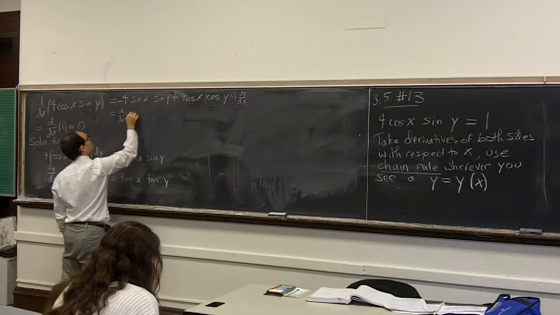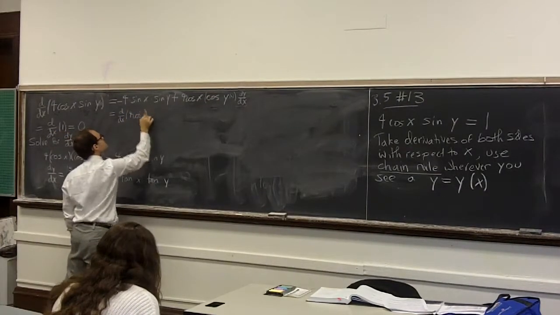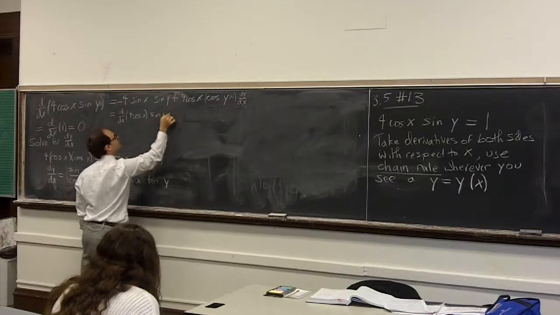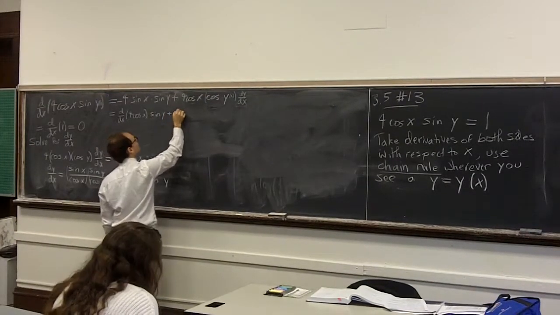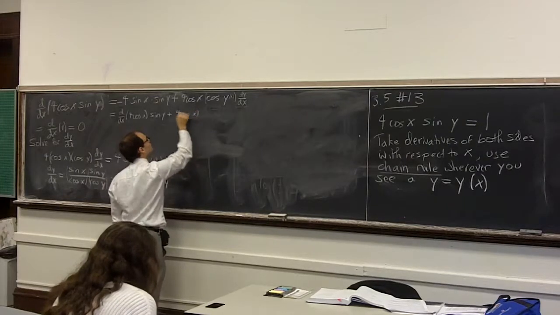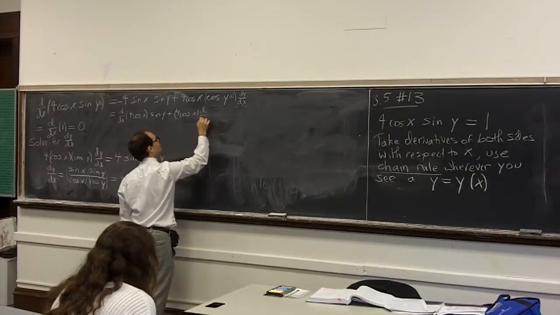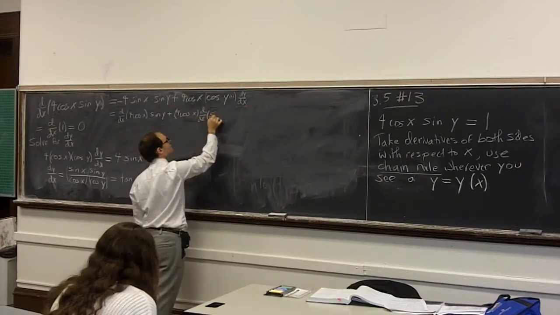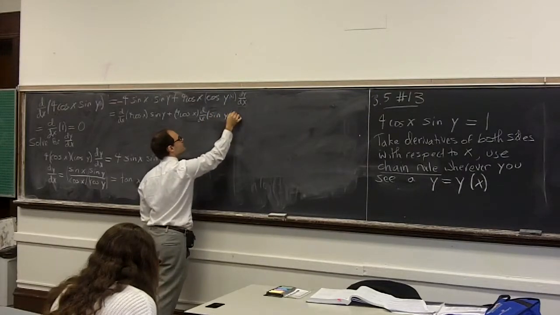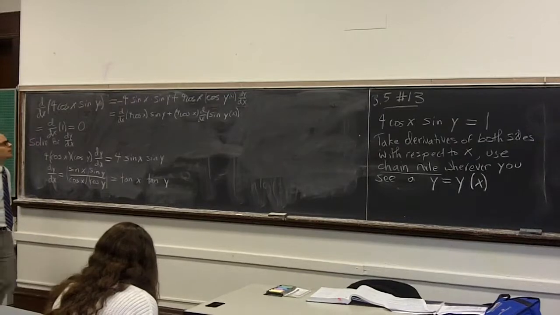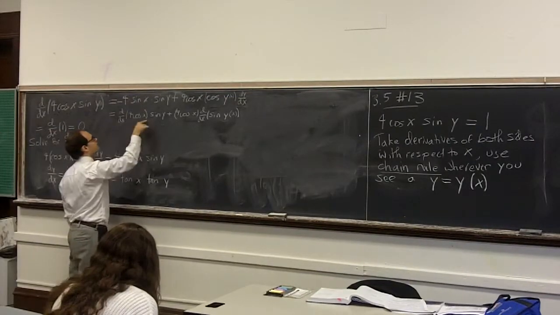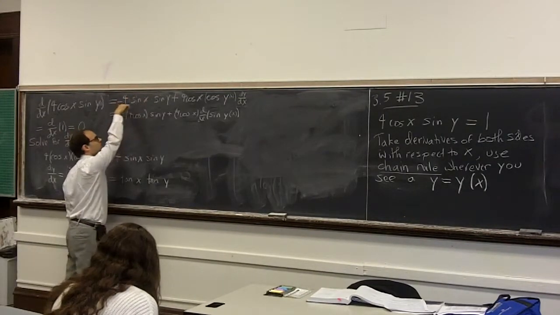So what we did is, the product rule says what I'm going to be writing down is this expression. This is sine of y times x. Now, the derivative of this thing here is the negative 4 sine of x.